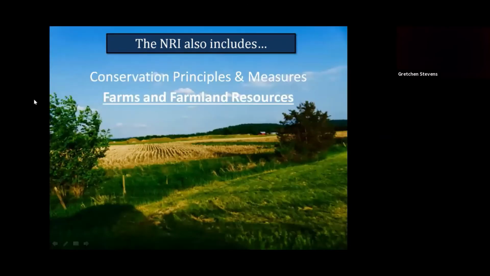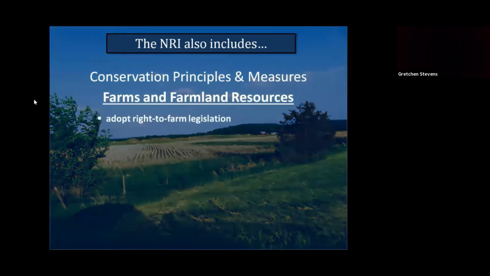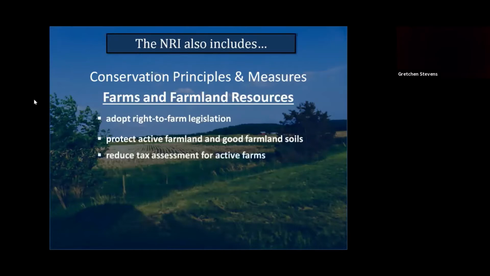For protecting farmland resources, measures such as adopting right to farm legislation in municipalities where that kind of protection doesn't already exist. Protecting active farmland and good farmland soils wherever possible. Reducing tax assessments for active farms.